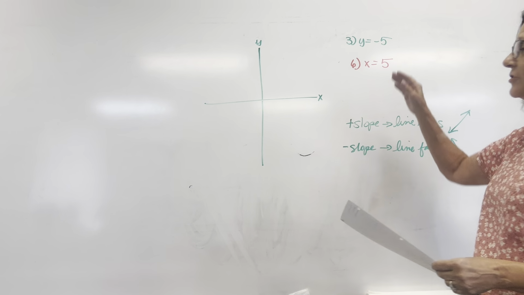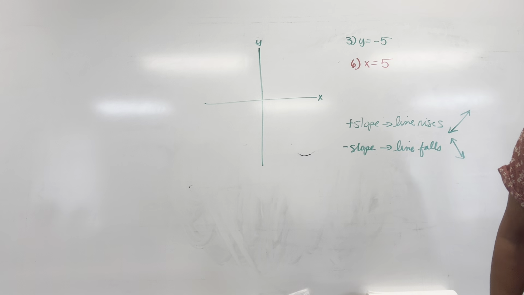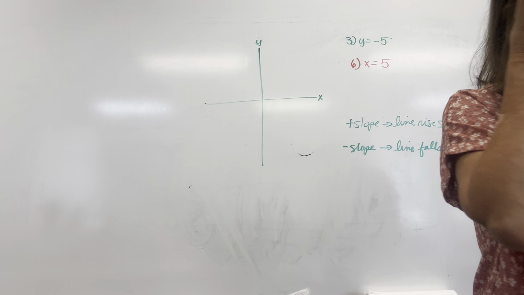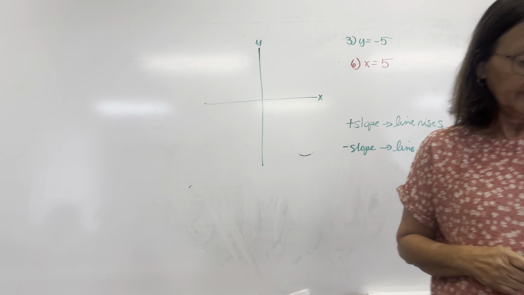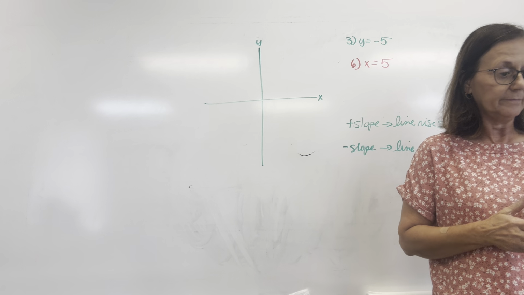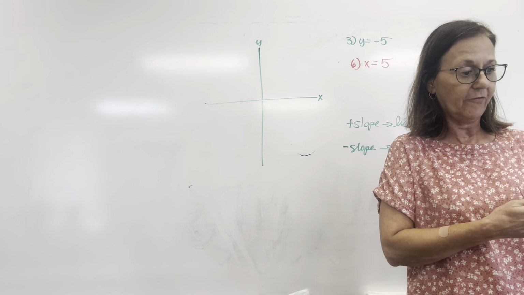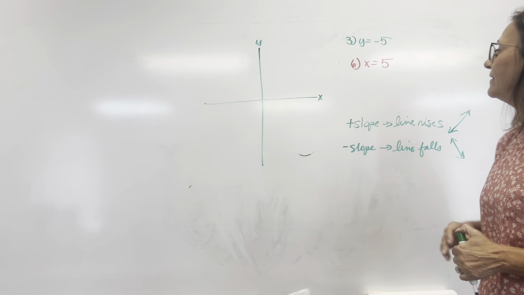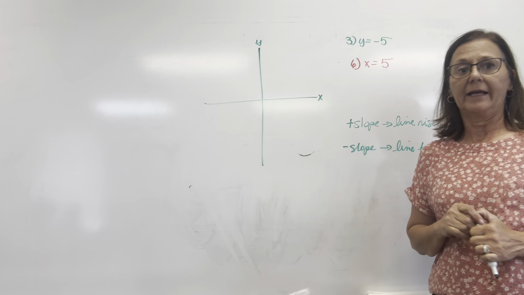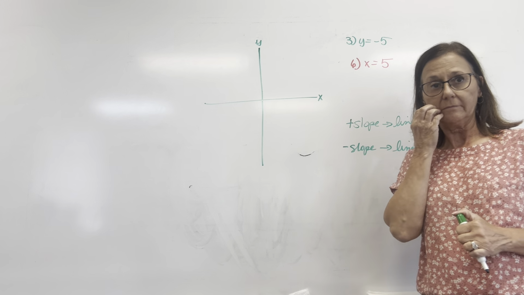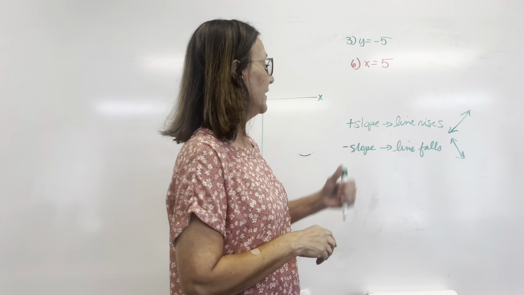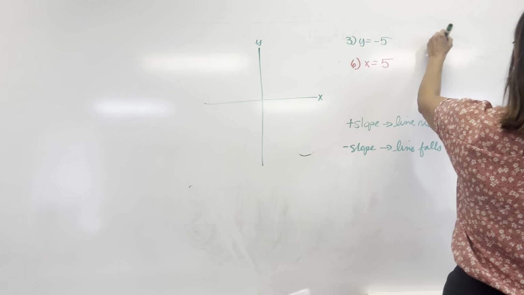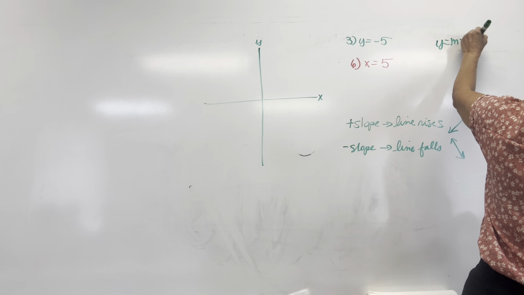All right, now let's do 3 and 5 together. What's the slope of number 4? Somebody tell me the slope of number 4. 6/5. And what's the slope of number 5? 1/4. All right. Now, these two look different, don't they? They look different because they're not in y equals mx plus b format.